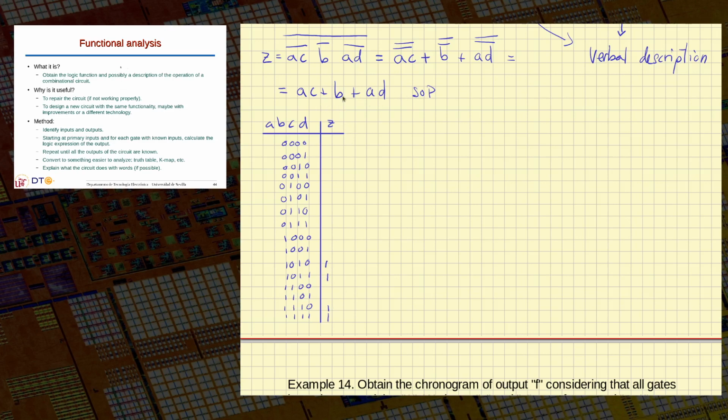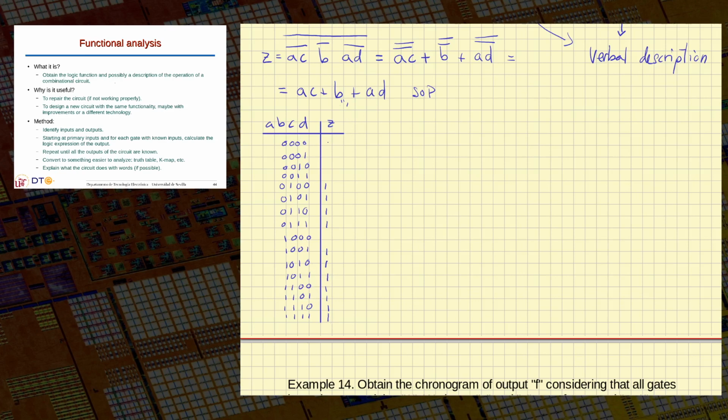Now the output is 1 also when B is 1. Okay, so anytime B is 1, this is here, 2, 3, 4 cases, and this is in all these cases here. The output is also 1. Okay, and now it's also 1 when A and D are 1. So A and D is in this case already considered, all the rest are already considered.